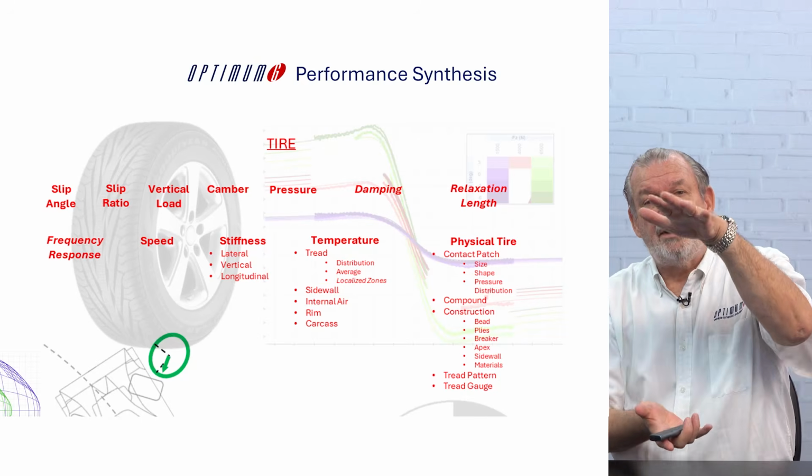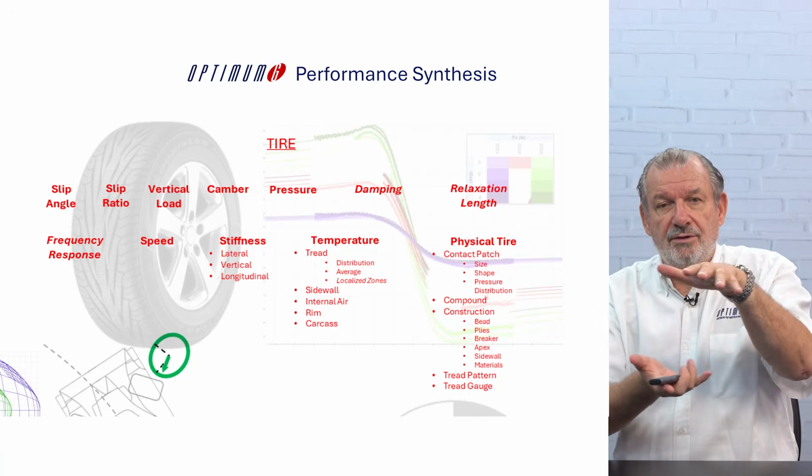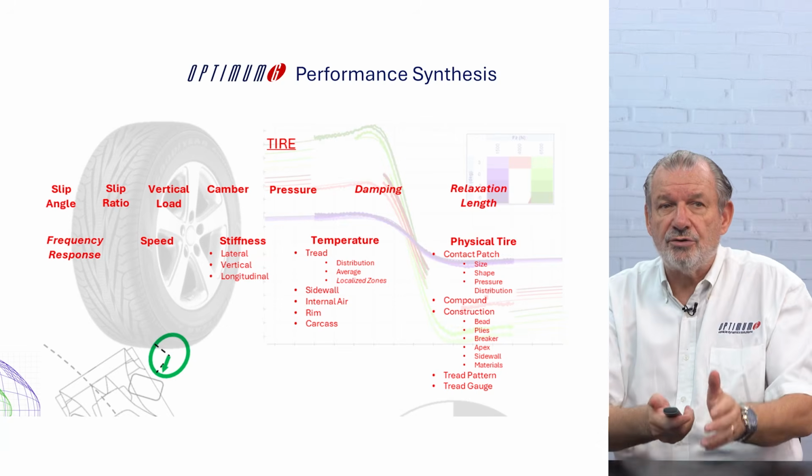Bad news for the aerodynamicist. Yes, the downforce is V-squared sensitive. But the coefficient of friction decreases not only with the vertical load, but with the speed itself. Some people should know that. All the stiffnesses: vertical, lateral, longitudinal, and even torsional. Temperature, well, which temperature? The compound temperature, the carcass temperature, the gas temperature, even the rim temperature.